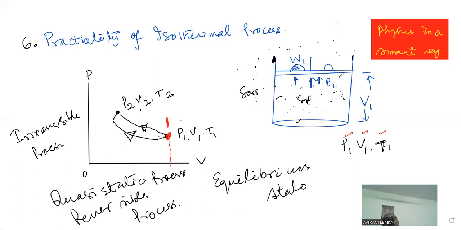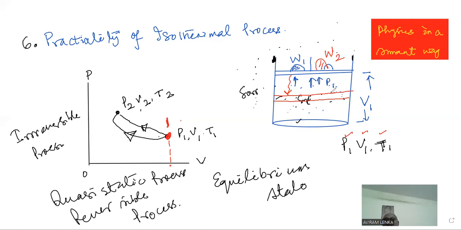But we do a mischief here. In addition to the weight, we suddenly put some extra weight W2 on the piston. Immediately the piston goes down, and finally comes to a position like this. Before that, the gas may go through some vibration.